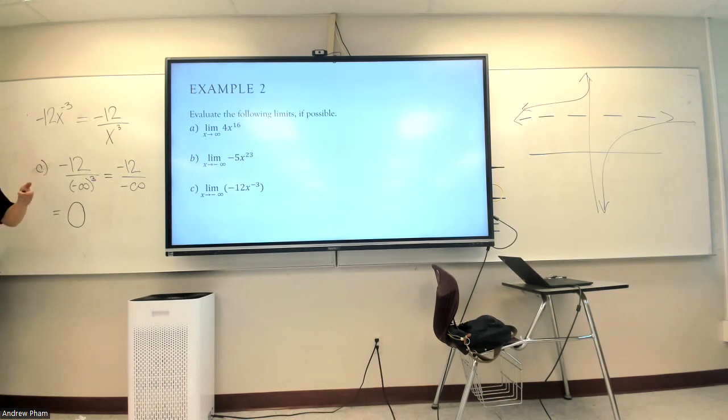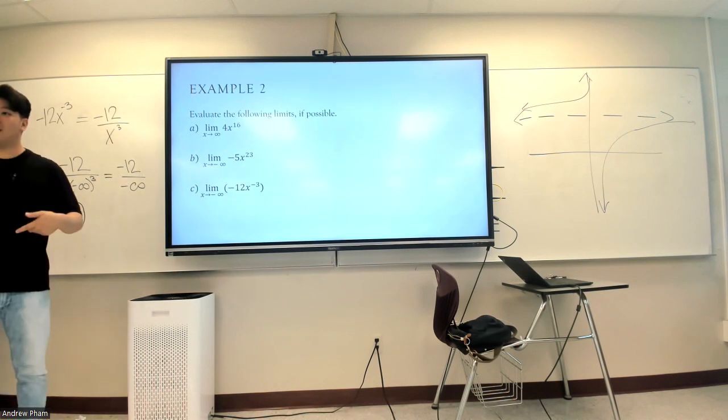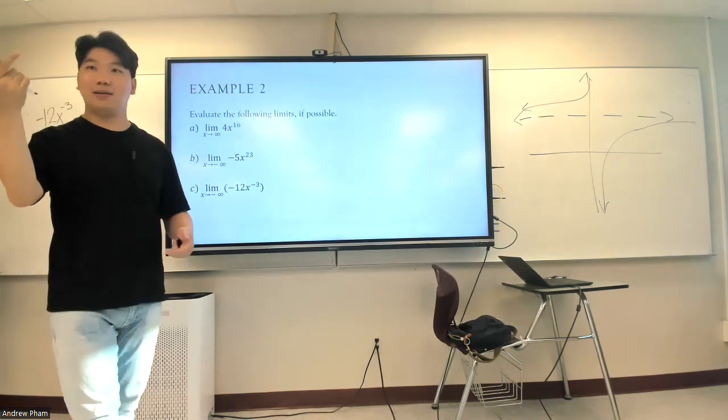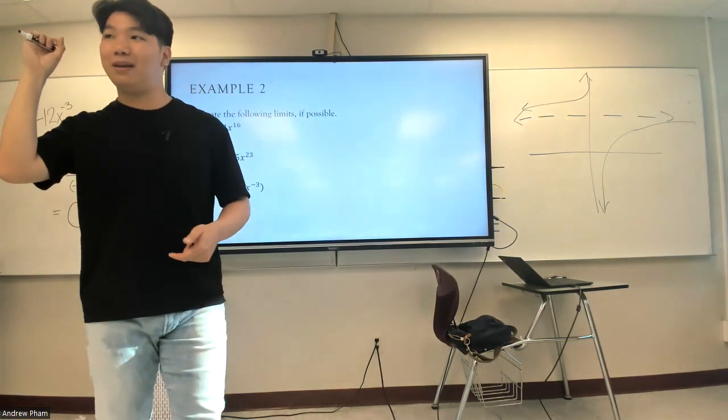Zero. Because if I plug in a million, a billion, 10 billion, and you're just adding more and more zeros on there, we're getting closer and closer to zero. You can imagine if I do 1/10, 1 over 100, 1 over 1,000, 1 over 10,000, you're getting closer and closer to zero in the long run.